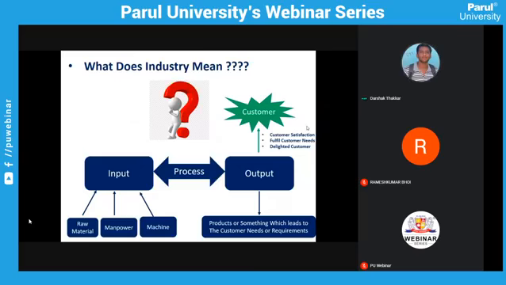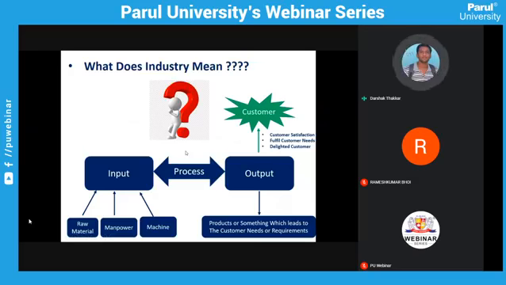Do you know what industry means? Basically, it comes to our mind that industry means something manufactured and delivered to the customer, right? By doing some kind of process like assembling, welding, milling, etc. The basic concept is input, some process, and output to the customer.